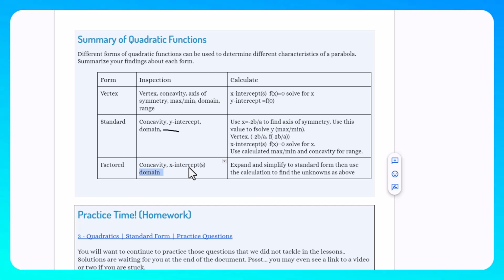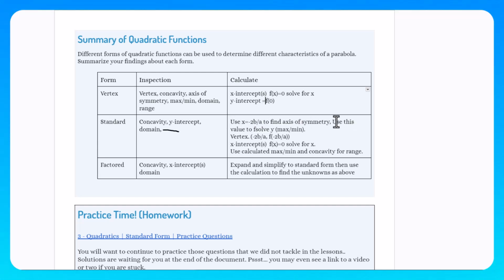Now, what we don't know from inspection, we can calculate. We can calculate x-intercepts by making the function equal to 0 and solving for x, or we can make the x equal to 0 and solve for y. That happens not only down here for the x-intercepts, but again, down here we can use the same strategy up here for the y.